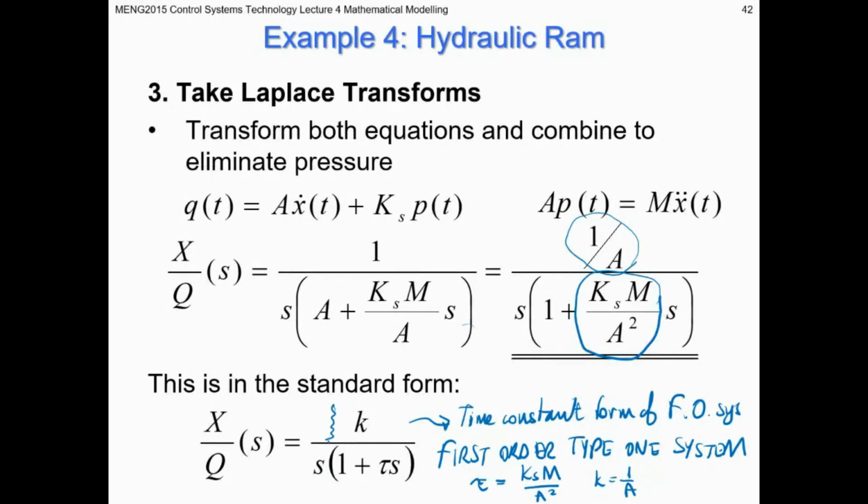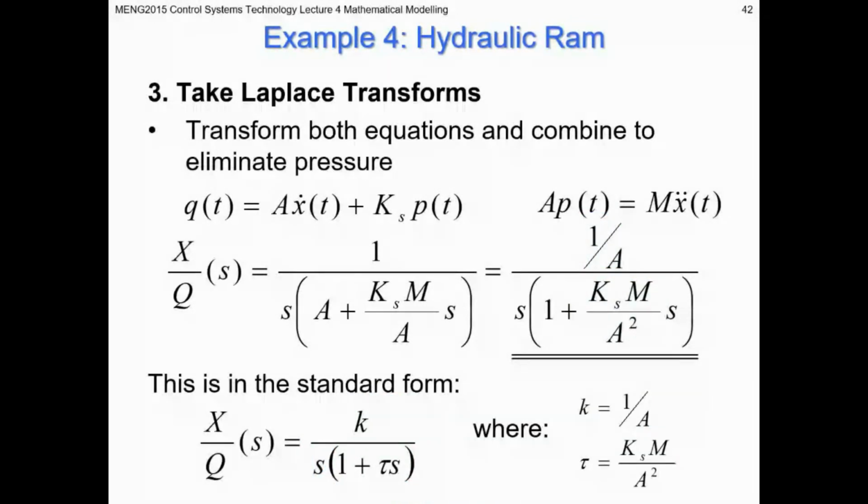Effectively what we have is the integrator times a first order system, so we ended up with a first order type 1. This is our pure integrator that we saw when we didn't have the additional elements of mass and loss, and this first order system comes from the mass and the loss elements. K is 1 upon A, tau is k m upon A squared.